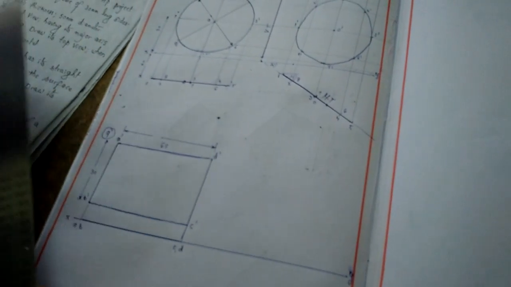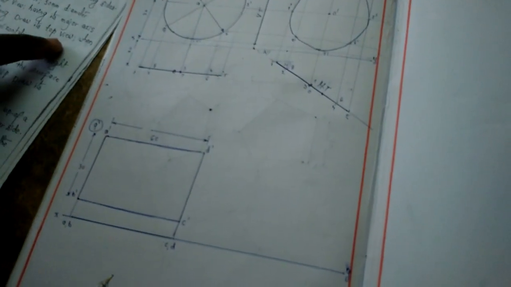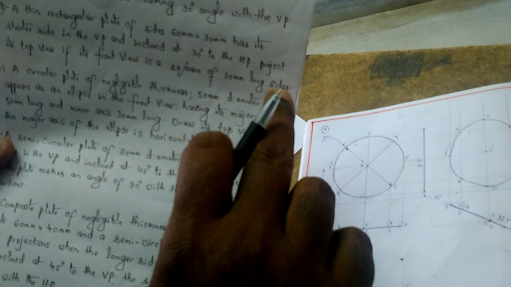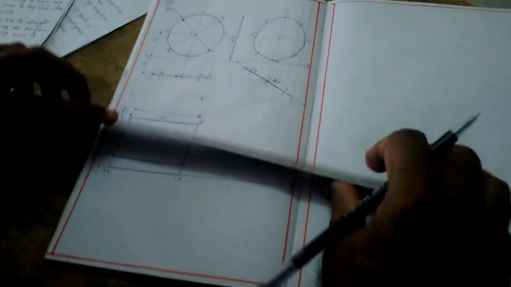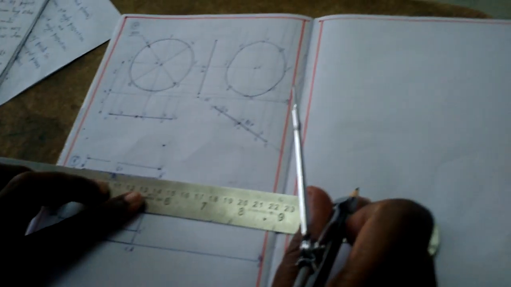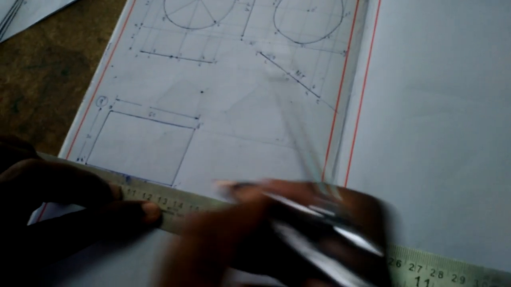But remember that in the second stage, what he said is that the top view, its front view, is a square of 30 mm long sides. That's why you extend these sides up to some distance, because it converts into a square.